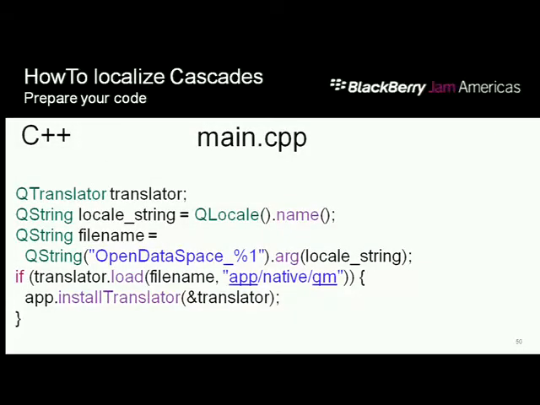And then you have to tell the translator the name of your files, and this is the prefix of all your translation files that you have to edit later. Then the translator is installed, and now the system is ready to do translations.